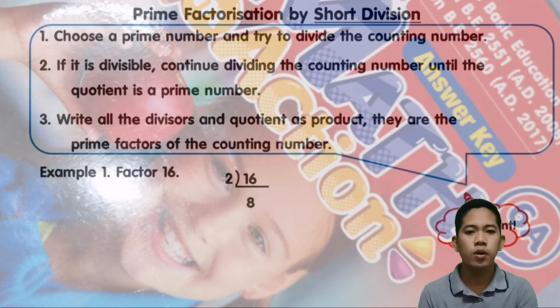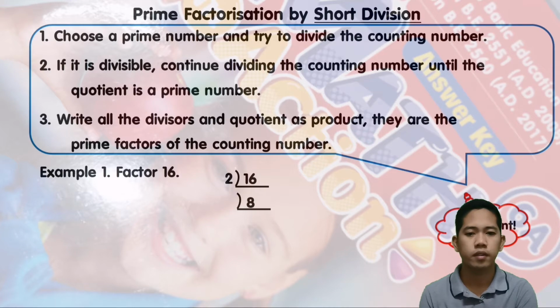No. So, we have to continue dividing until the quotient is a prime number. So again, what number can divide 8? Okay, 8 can be divided by 2. What is 8 divided by 2? And that is 4.